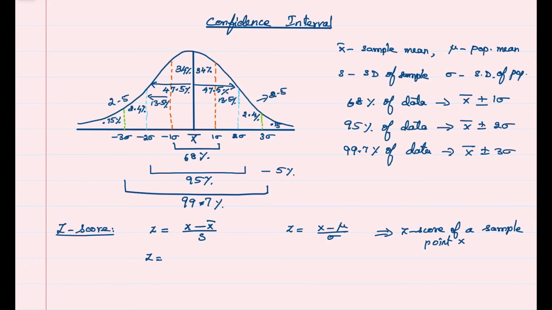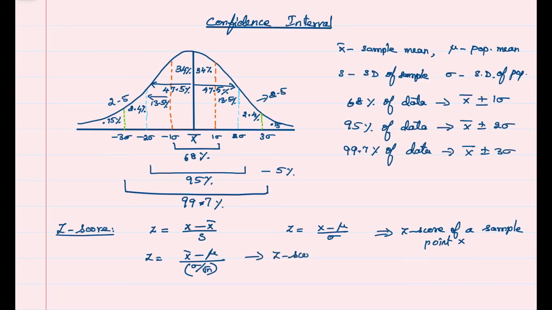That will be x bar minus mu divided by sigma over root n, where x bar is the sample mean, mu is the mean of the population, sigma is the standard deviation of the population, and n is the sample size. In the previous formula, we use one data point x, therefore n is equal to 1. That is why we do not have n in that formula.